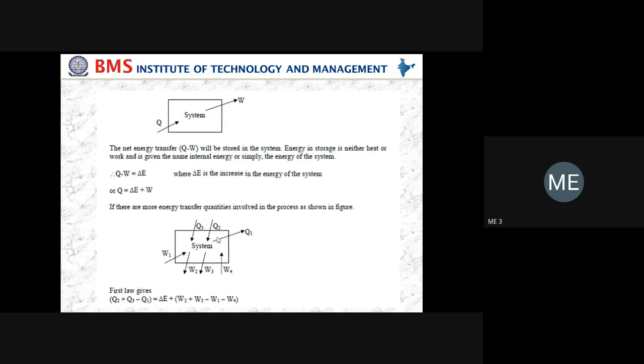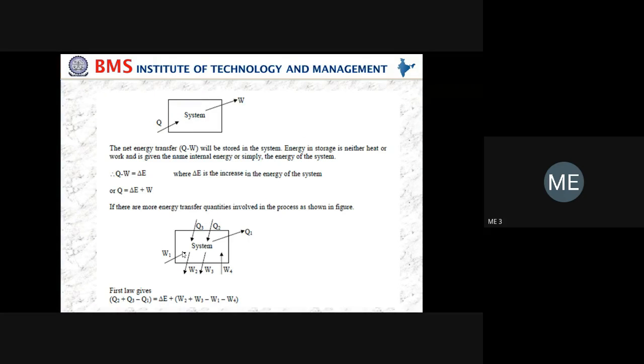Here you see Q1. Q1 is negative. It's minus Q1 because it is the heat rejected from the system, and the sign convention is negative. And then Q2 is the heat added to the system, that is minus Q1 plus Q2 and plus Q3. So you have to sum up all the heat transfer quantities, minus Q1 plus Q2 plus Q3, equals delta E plus the work terms.